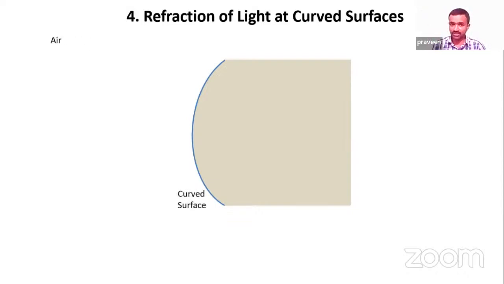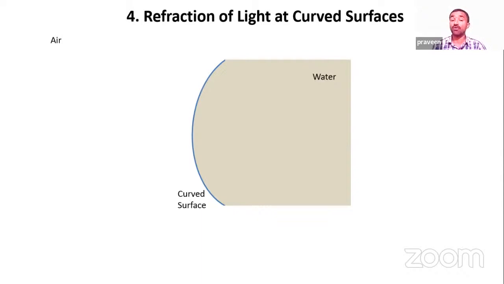So the curved surface is represented with the convex surface on the left side and the concave surface on the right side. Here the convex surface is in contact with the medium called air, and the concave surface is in contact with the denser medium, that is water. So we have identified the rarer medium and the denser medium.